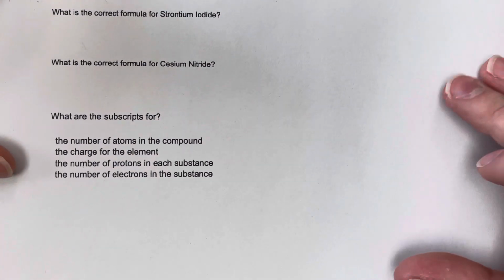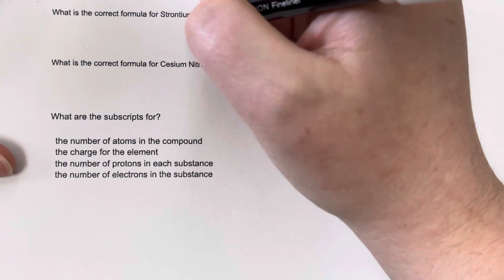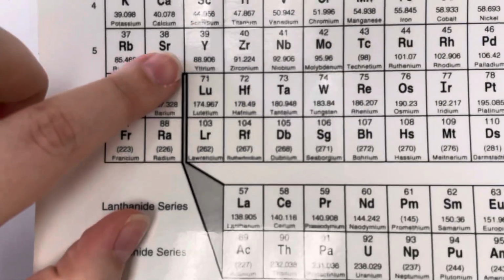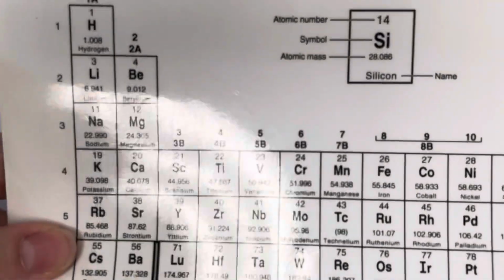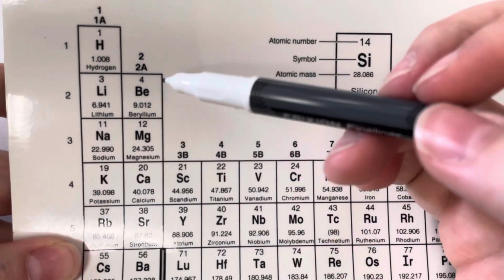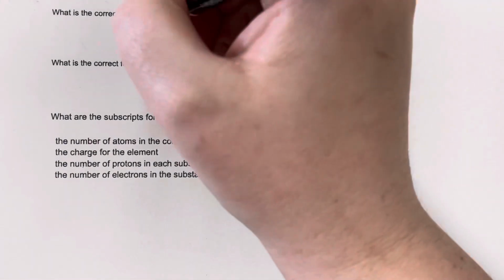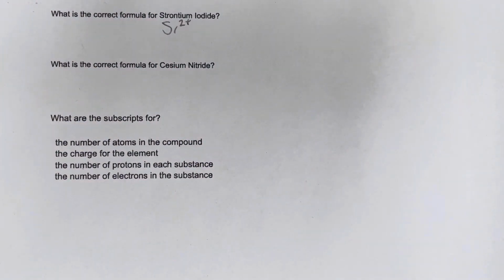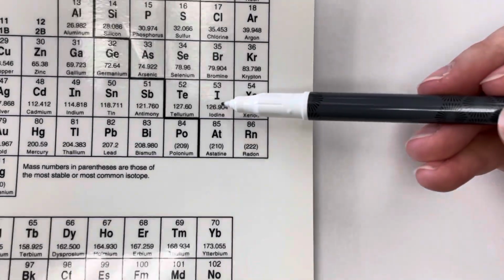What is the correct formula for strontium iodide? So first I need to figure out what strontium's symbol is. Strontium's symbol is Sr. It's in the first two columns, which means it's a representative metal, so I can just take the column number as my number of valence electrons. So strontium, and then I'm in column 2, so that means that I'm going to have a charge of +2, since I would give 2 valence electrons away. Iodide is secretly iodine.